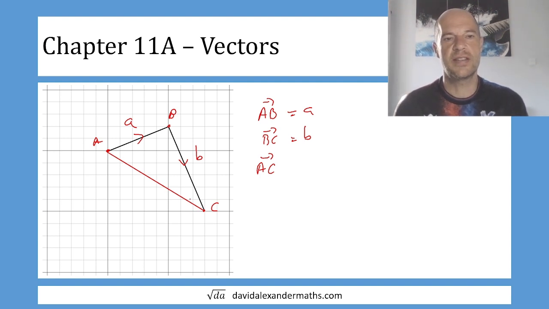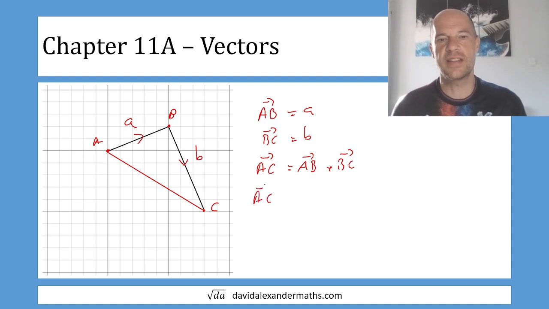Well, to go from A to C, I can go A to B and then B to C. So what we're doing is we're just looking for pathways that are already labelled, and as long as we go from our start point to our finishing point over labelled routes, then we can recreate a labelled route for A to C. So A to C is the same as going from A to B plus B to C, admittedly a bit longer, but we do get from A to C, and we're taking labelled pathways.